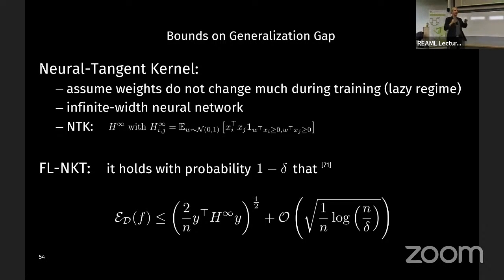So n is in this case the size of all local data sets combined, and delta is a probability with which this bound holds. By the way, this is a very classical way of presenting generalization bounds. It's a PAC-like bound, probably approximately correct.